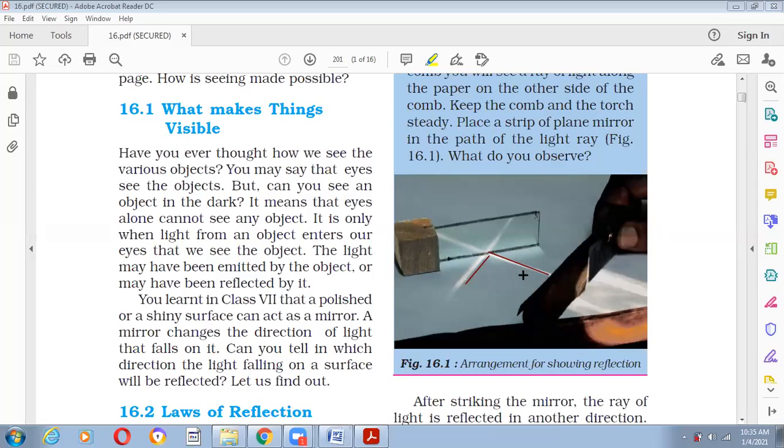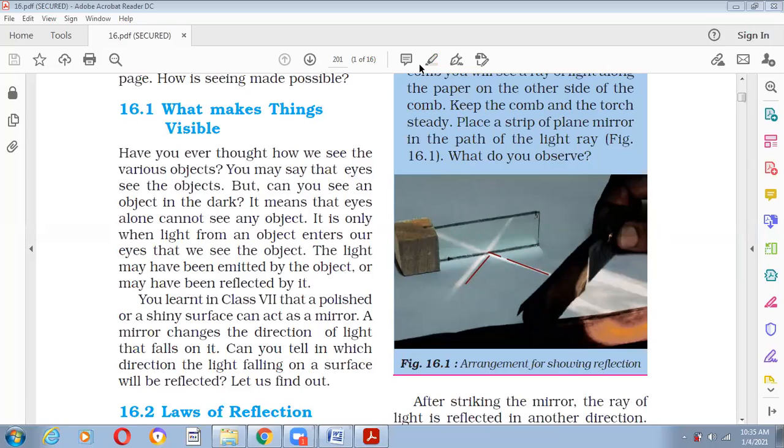Right? So what is this? The light is going and striking; this is the reflecting surface. After striking this reflecting surface, what happened? The ray is coming like this. So how does this happen?